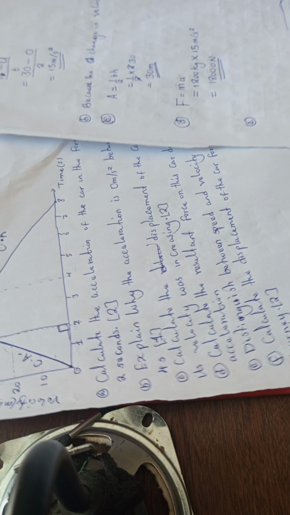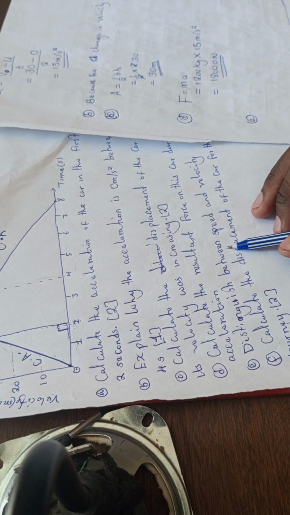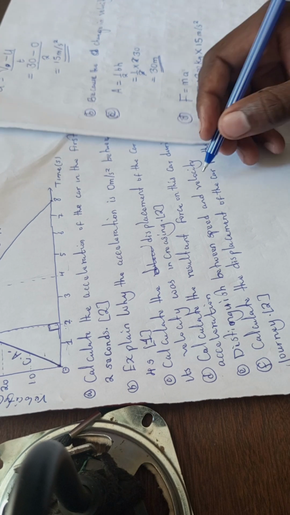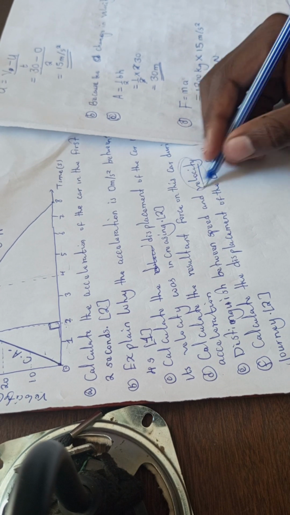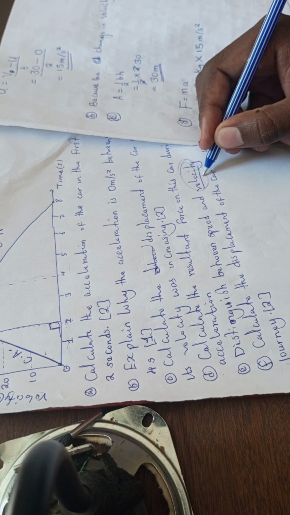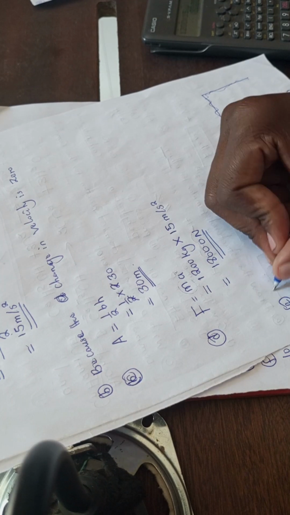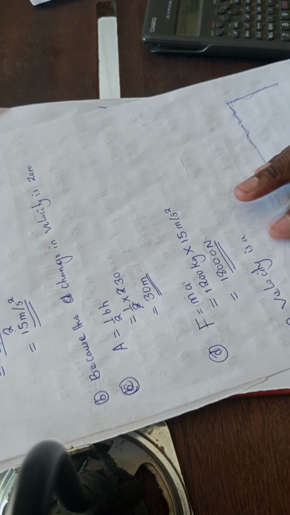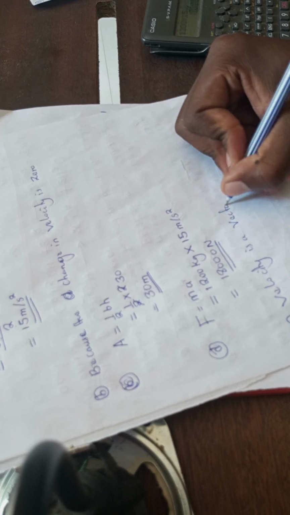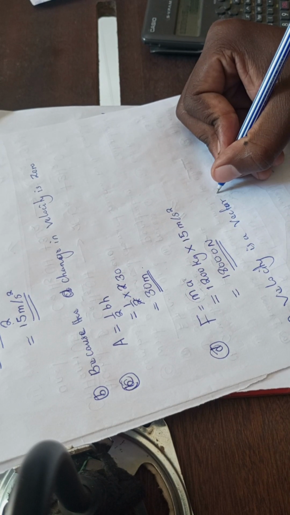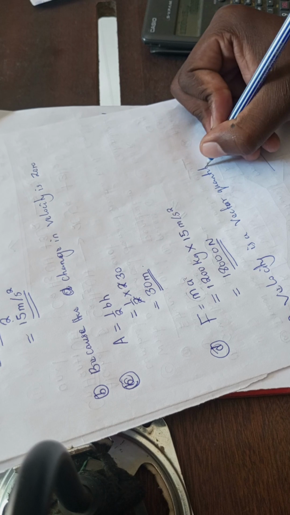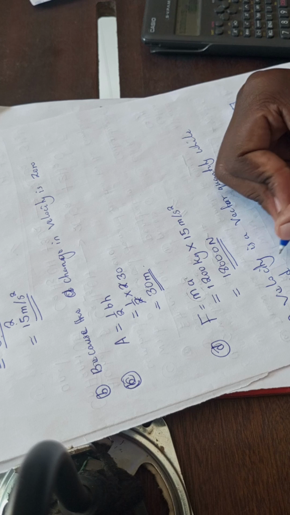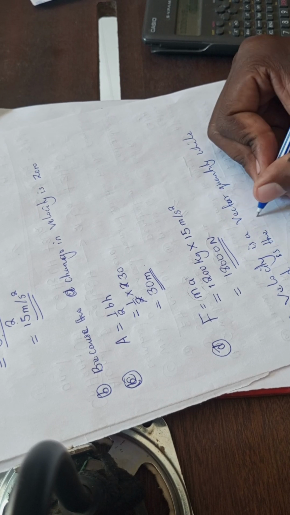Last question. Distinguish between speed and velocity. One difference between speed and velocity is that velocity is a vector quantity, while speed is a scalar quantity.